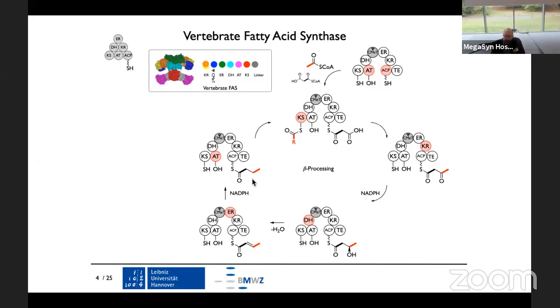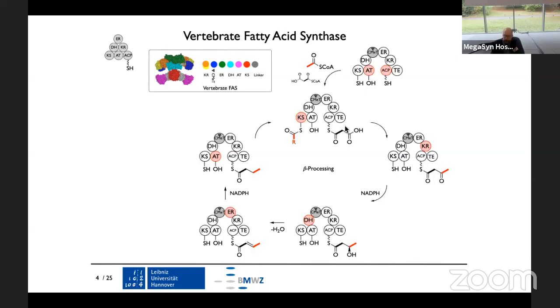And then the key thing which is important here about the vertebrate FAS, which is different from module 4 of DEBS, is that these are iterative systems. Okay, we have one set of proteins, and the substrate is cycled around and around and around. All of these catalytic domains, as far as we know, are pretty dumb. They don't have any programming.